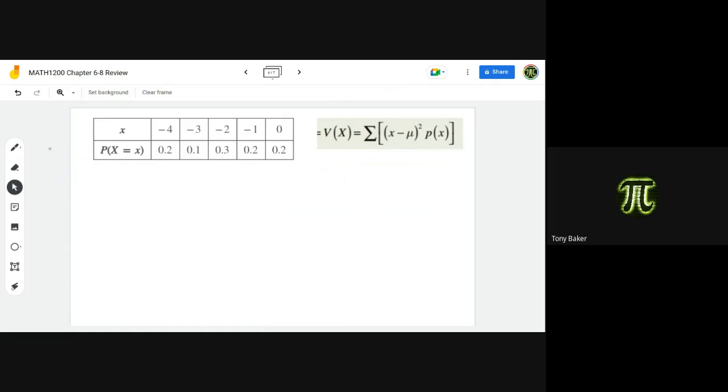So we have -4 minus -1.9. -3 minus -1.9. -2 minus -1.9. Minus -1.9. And this is the part that's annoying, and I understand that, and there's nothing I can do about it.